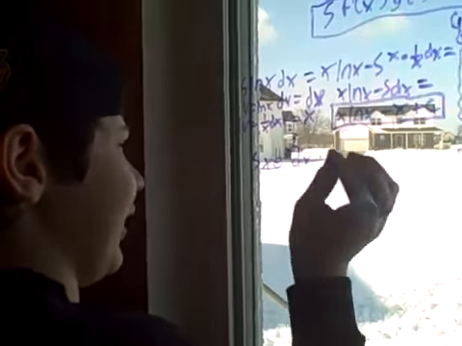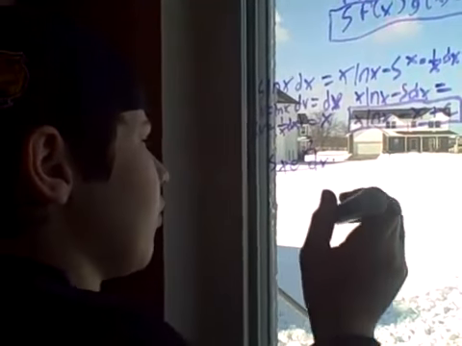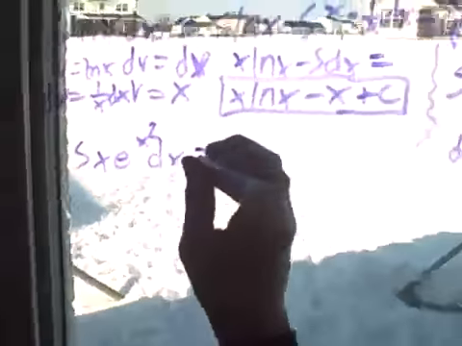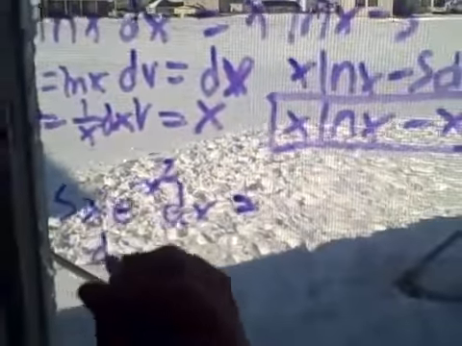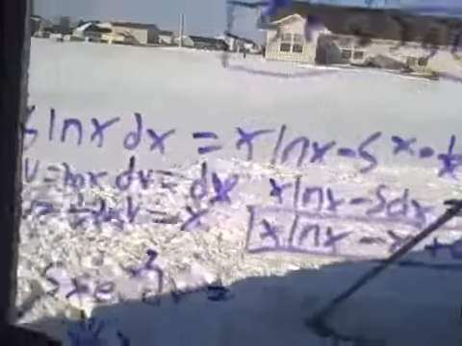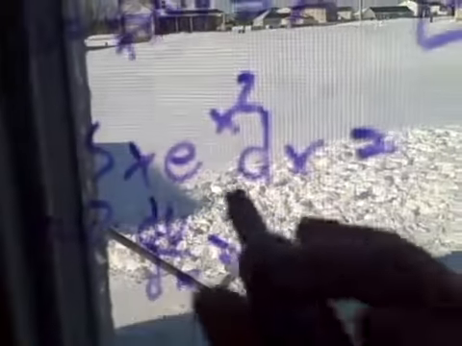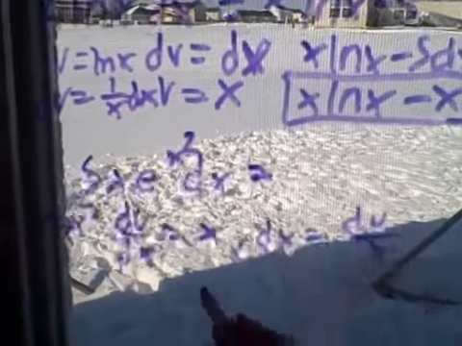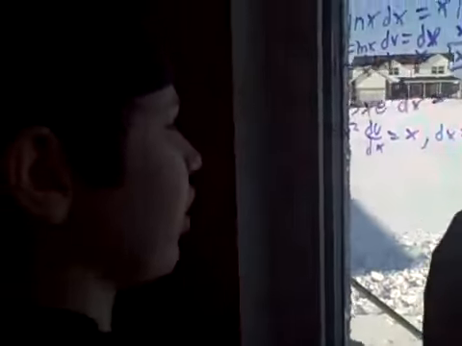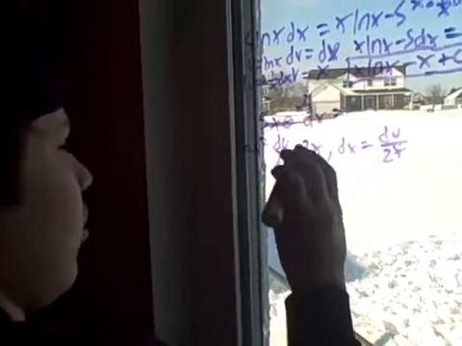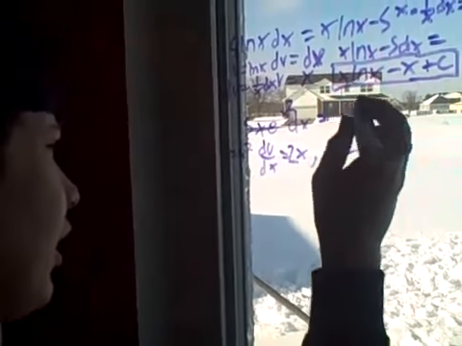E to the x squared is pretty straightforward. I can remember our u substitution, and instead of having to do integration by parts, I make u equal to x squared. Then du by dx equals 2x. Then dx equals du divided by 2x.